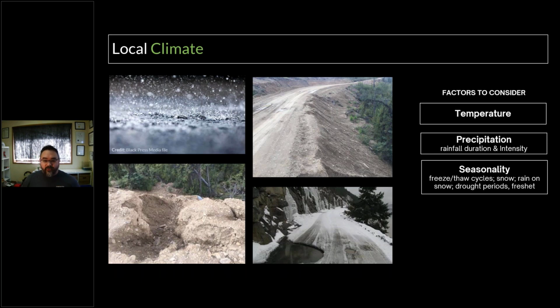And then what do your shoulder seasons look like? Are you going to need to operate through spring breakup? Well, if you are, that's going to impact your ditches, your surfacing, and your right-of-way with how you manage the snow, like winging the snow out so you don't have those larger banks during breakup. That's a maintenance strategy, and you need to employ that and understand it well before you get there.